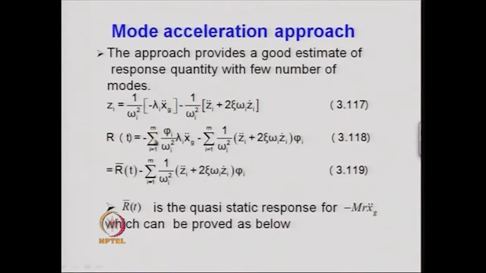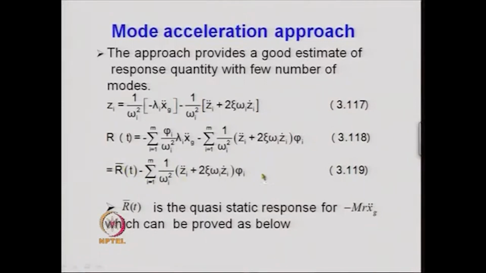If I sum it up from 1 to m equal to n, that is all modes, then it comes to be equal to r bar t, the quasi-static response of the system obtained by solving the equation k x t is equal to minus m I x double dot g. That can be easily obtained from a static analysis.